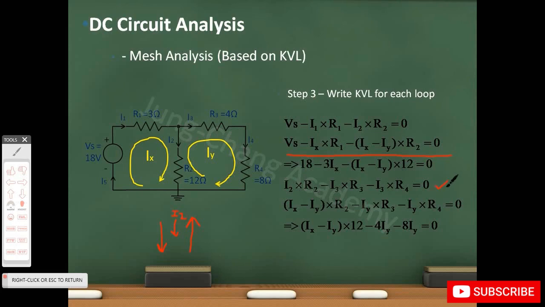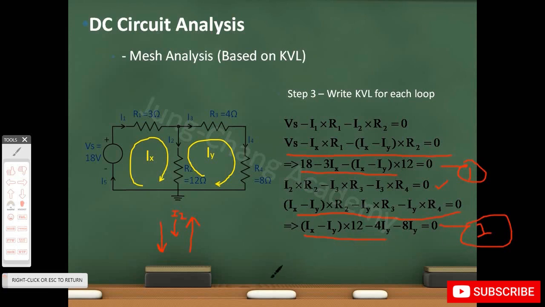It's this one here. Again, we'll sub in our mesh currents and all the values that we know. So this is when we sub in our mesh current, and when we sub in the actual values, we get these two equations, equation 1, equation 2.